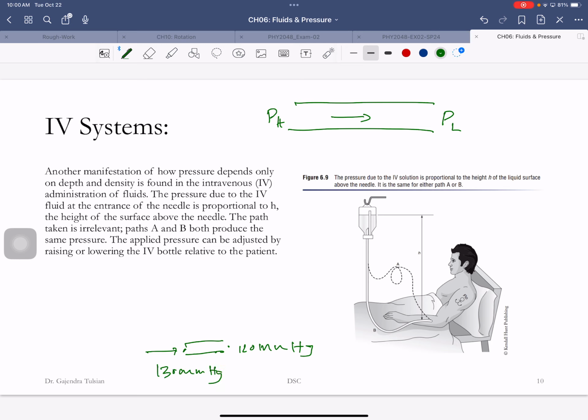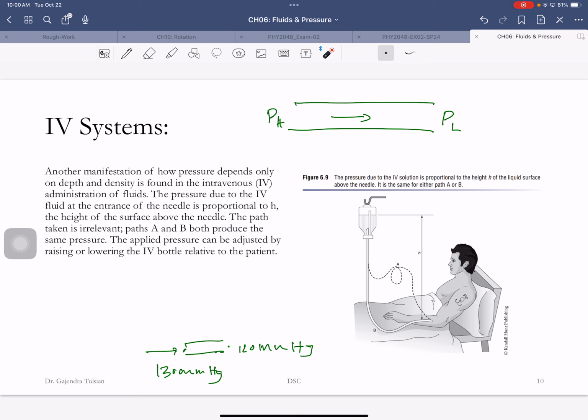And then you can push the liquid in. Did you guys understand that? And that pressure at the beginning of the needle just depends on this height of the fluid. It doesn't depend on any of the shape. So the pressure in a fluid depends only on this height.